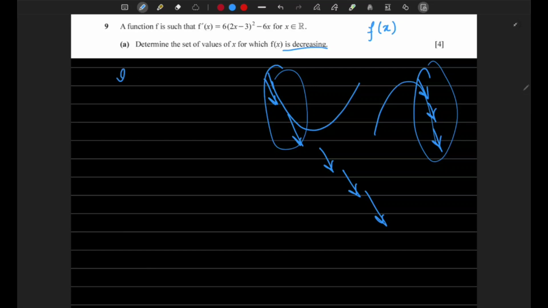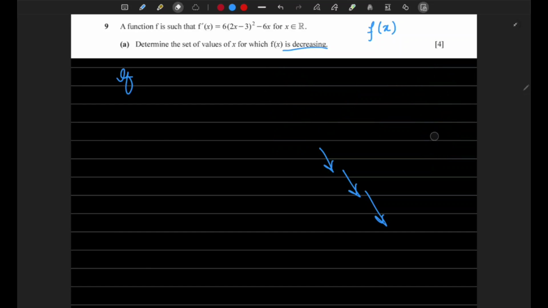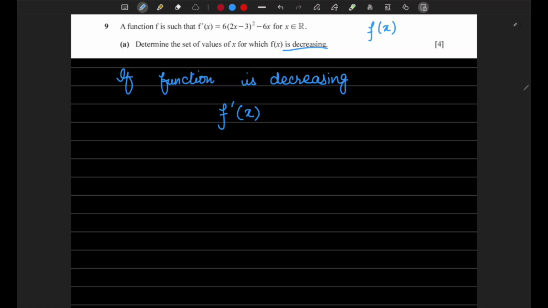If the function is decreasing, then its gradient, represented by f dash of x, the derivative, must be less than 0. Must be negative.